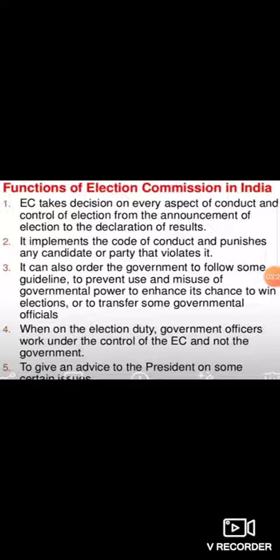During the election period, the EC can order the government to follow some guidelines to prevent the use and misuse of governmental power to enhance its chances to win elections, or to transfer some government officers. When on election duty, the government officers work under the control of the EC and not the government.